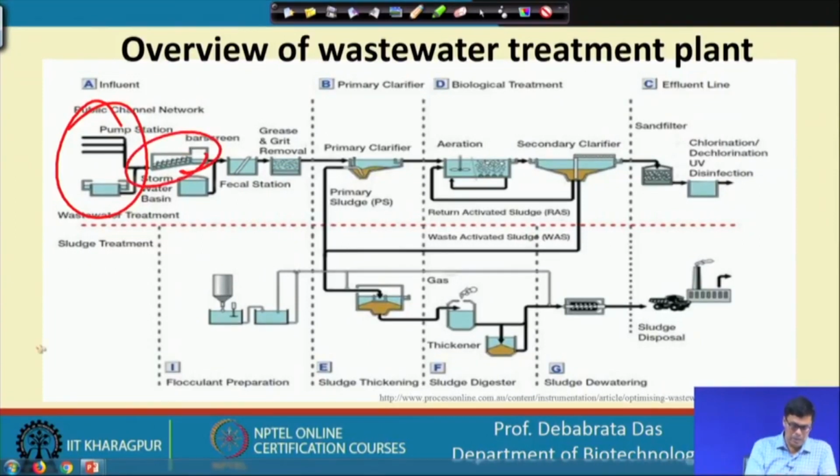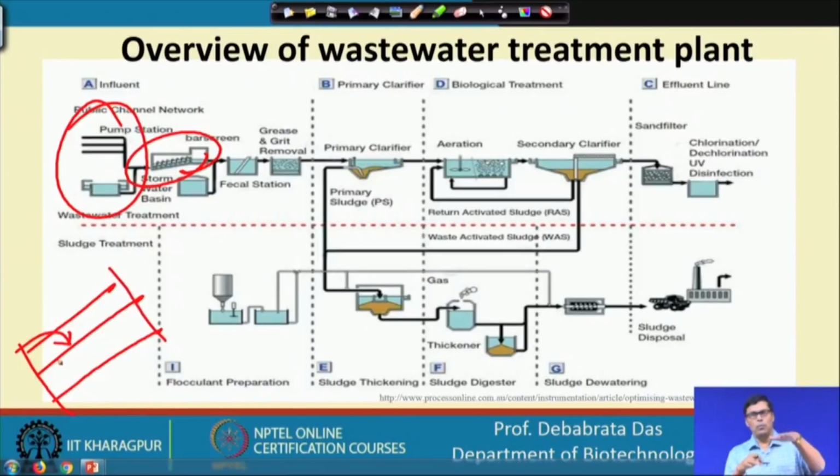Barred screen means we have simple bars, and when you put the water here, whatever floating material is there will stick on this, and so the bigger particles will be separated out. After that, you can see the grit chamber. Grit chamber means if the particle size is more than 79 microns, those bigger particles will be separated out.